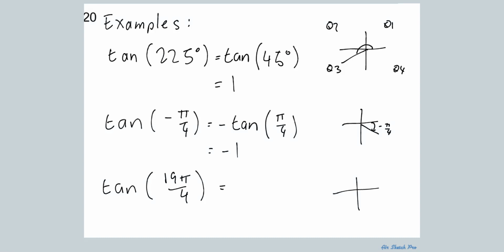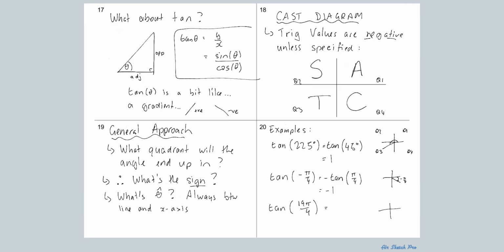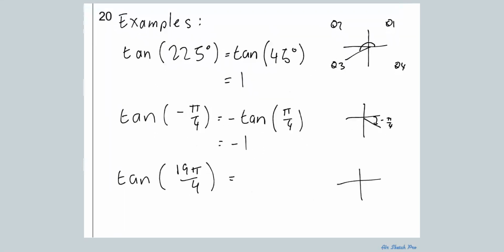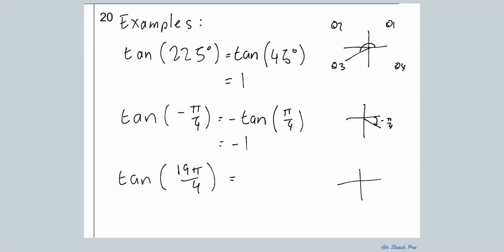19 pi on 4. Now, you don't have to reach for your calculator or work out too much. It's not so bad. All we need to know is that a full rotation is 2 pi. I'll just do it down here in a different colour. 2 pi is 1 rotation, and 2 pi has to be 8 pi on 4.